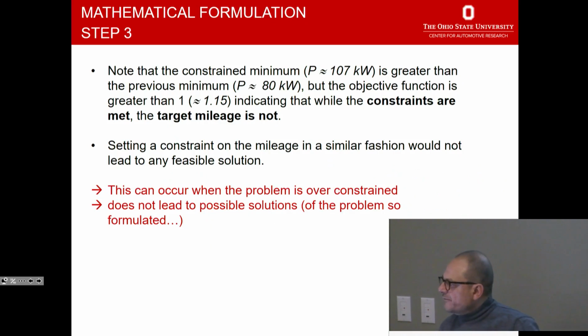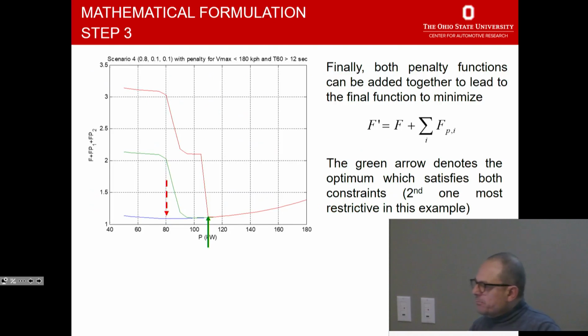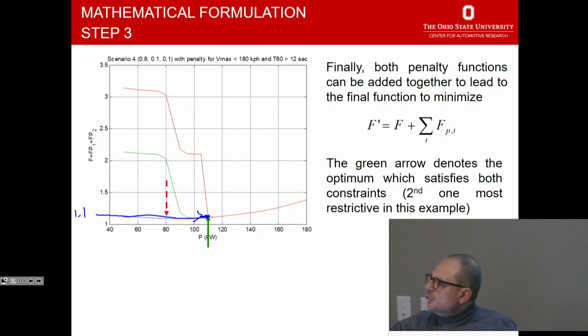I've already said all the things that I wanted to say, but I'll make a point. There is one more point in this plot, which is that when you finally have achieved your desired value, you are somewhere around 1.1. So in other words, you are not close to 1.